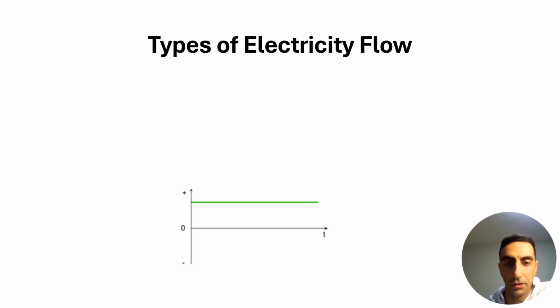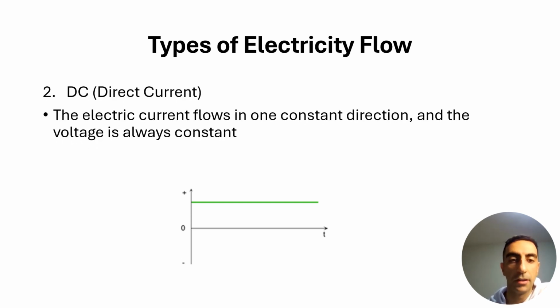Another type of electricity flow is DC, also known as direct current. So if the value of voltage or current is constant over time, this is called DC or direct current. It doesn't matter if it's voltage or current.